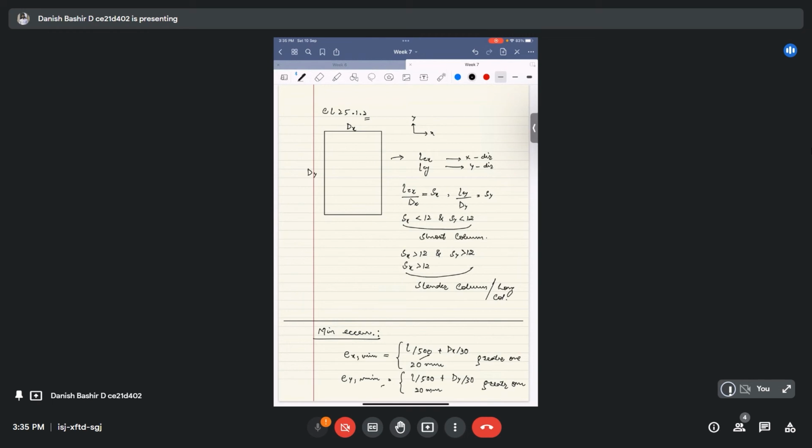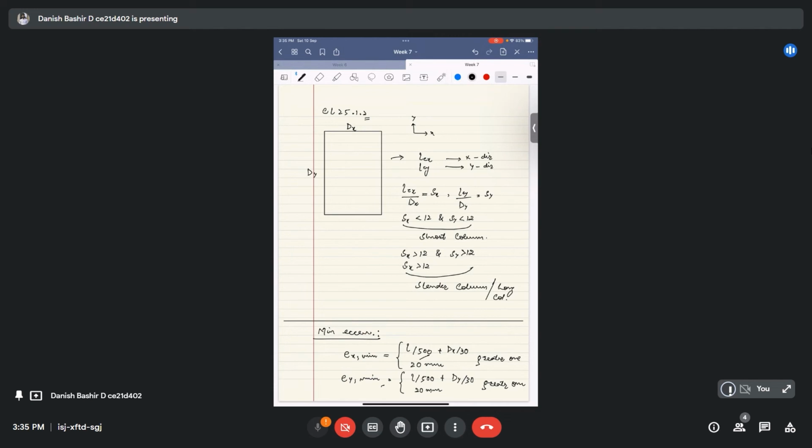Now you will compare this minimum eccentricity with the eccentricity of the loading acting on the column. If the eccentricity is less than the minimum eccentricity, then the column will be designed as a column with actual loading. If not, we have to go to the other design procedures, where we design the column with uniaxial eccentricity or biaxial eccentricity.